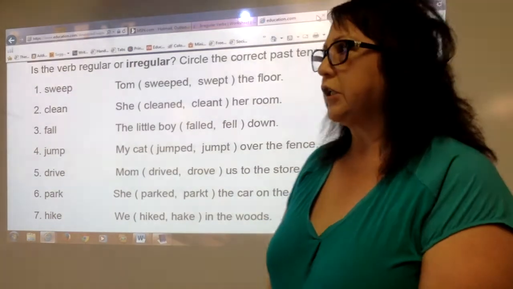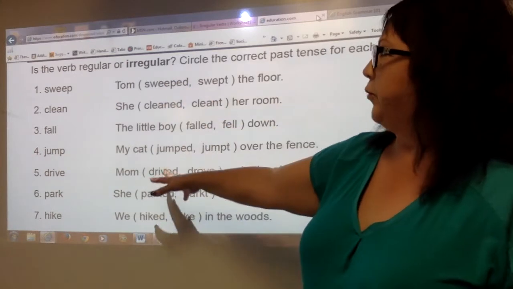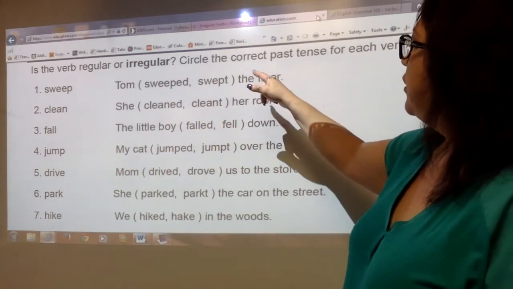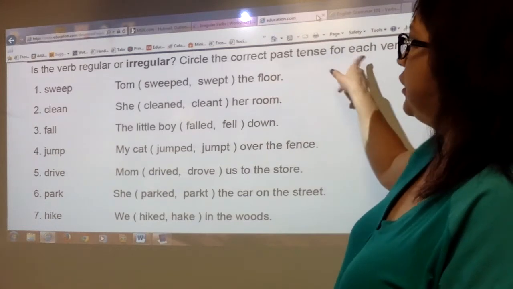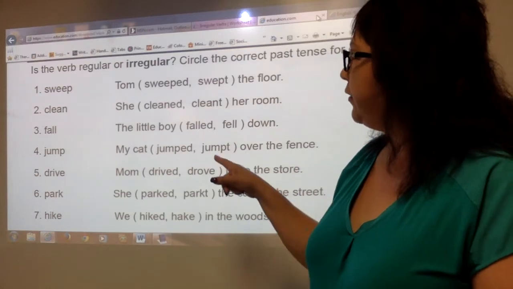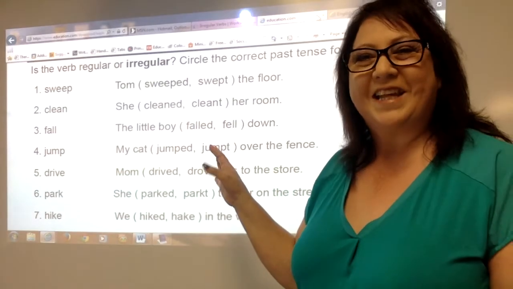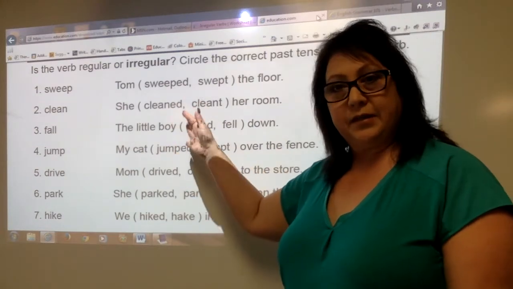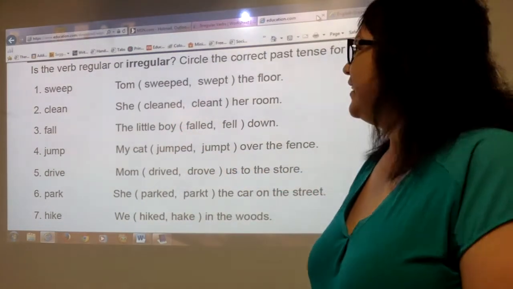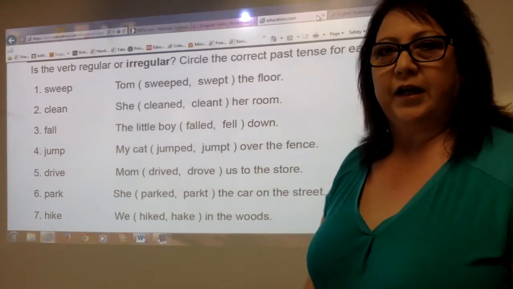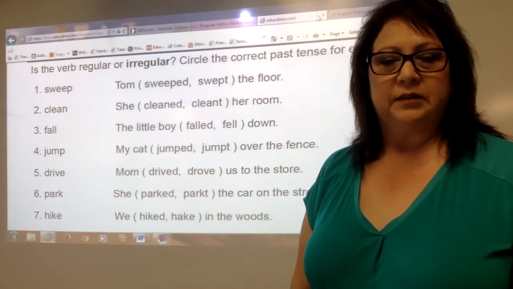I had you actually circling the irregular, but actually what you're supposed to circle is the correct past tense for each verb. And is it going to be regular or irregular? My mistake. Okay. Circle the one you feel sounds the best in the sentence. Let's do it that way. She cleaned her room, or she cleaned her room. Go ahead, take a minute, circle that.